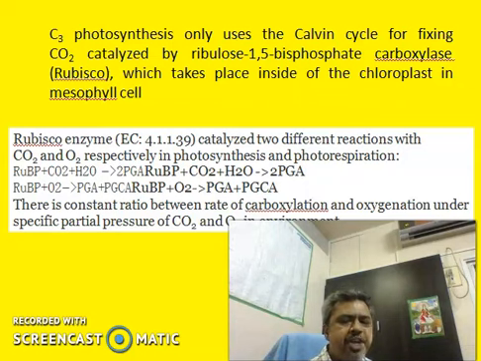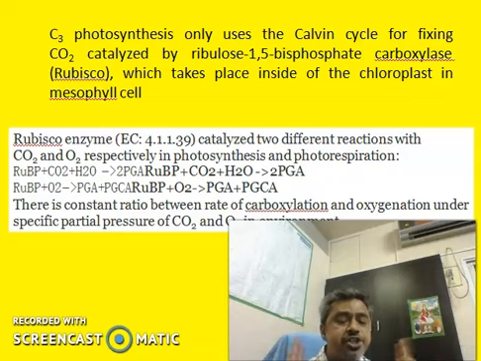Now RuBP plus CO2 plus H2O gives you 2 PGA. But RuBP plus O2 gives you PGA plus PGCA, phosphoglycolic acid.